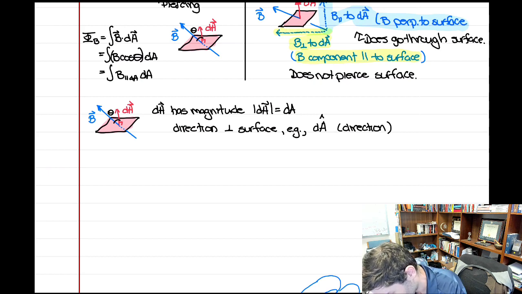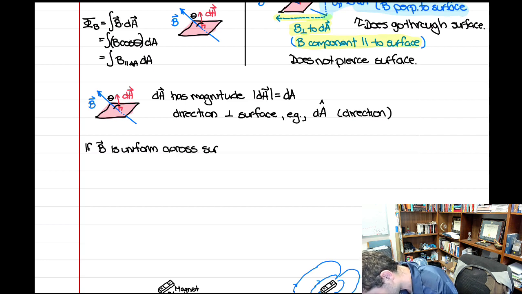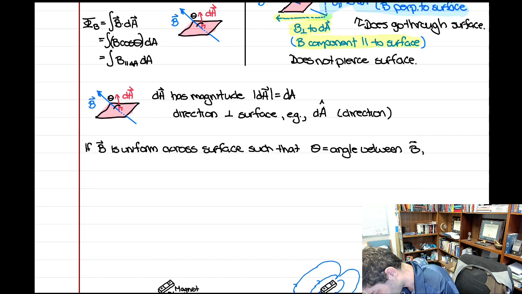So if B, the vector, is uniform across the surface, and this is a surface such that the angle between the vector B and the vector dA does not change.